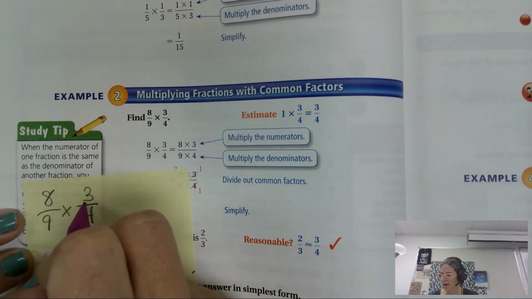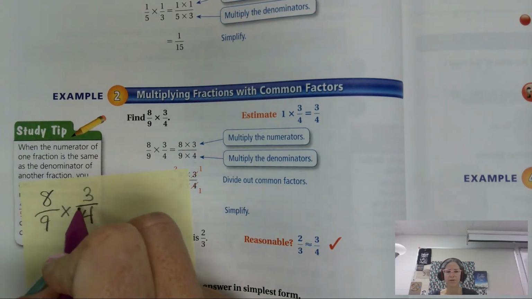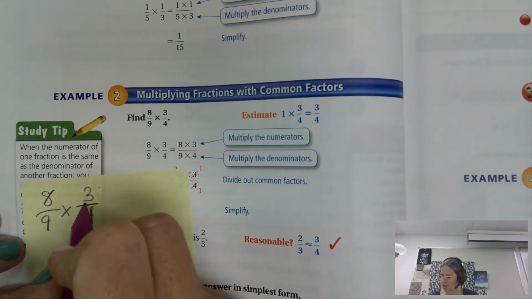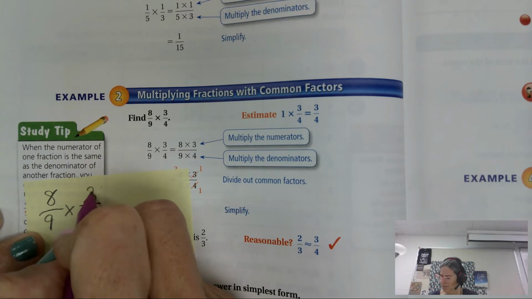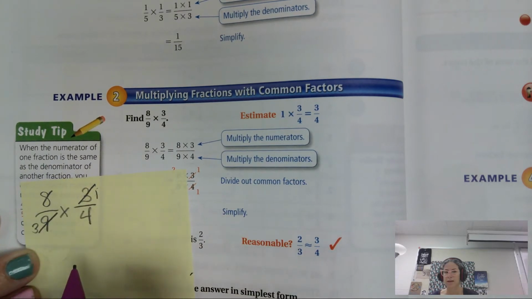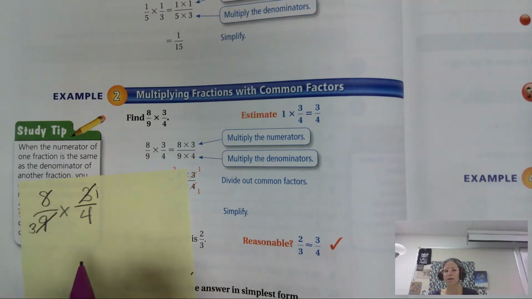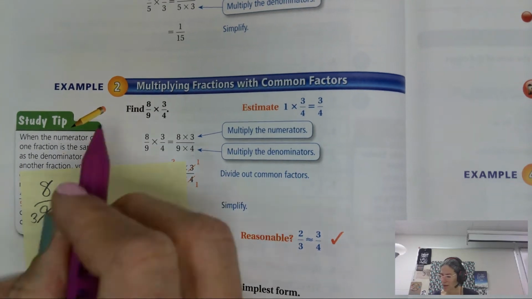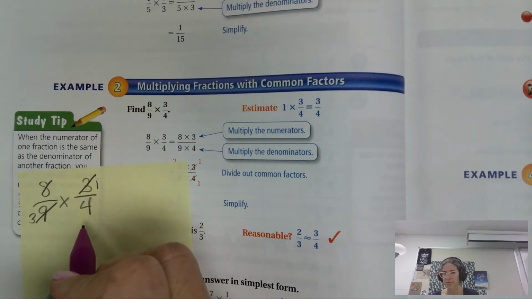And I'm dividing in my brain, so this is the whole mental math thing. I'm dividing 3 and I'm dividing 9 by 3. 3 divided by 3 is 1, 9 divided by 3 is 3. And I can leave it like that, and then I won't have to simplify as much in my next step. Or I can simplify it right here. I can simplify further right here.